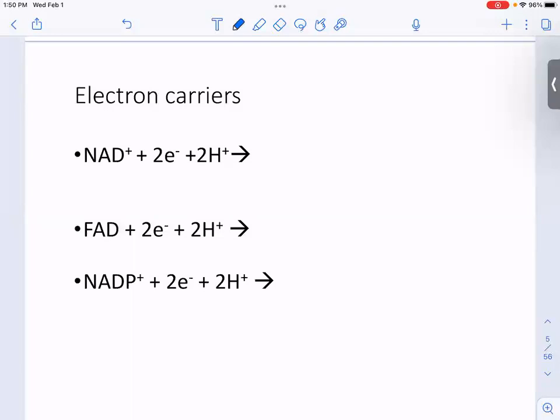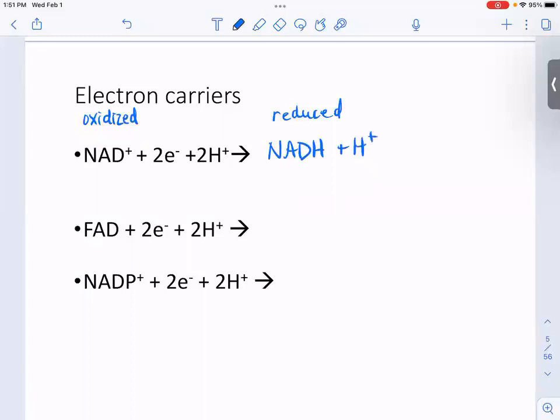Okay, so nicotinamide adenine dinucleotide, this is that carrier in its oxidized state. It can actually hold not just one electron, but it can accept a hydride ion, which is 2 electrons and a proton. So when it's reduced, we write it as NADH plus H plus.